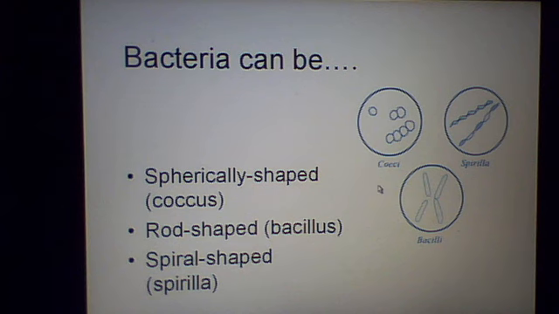The second shape are the rod-shaped bacteria, and the suffix used for that is bacilli. And then last we have the spiral-shaped bacteria, and their suffix is spirilla.